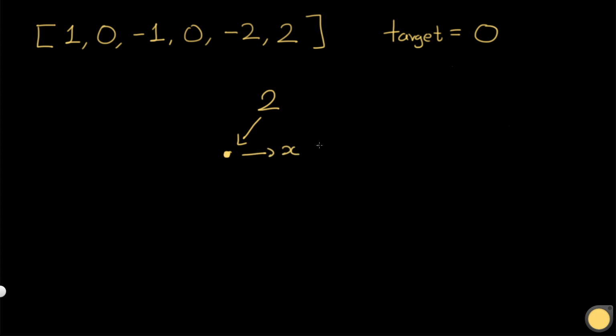This number x is nothing else but the target minus the assumed number. When we come across the number x, which is the target minus that number, that means we've found a pair. So for the 2 sum problem, by assuming one number, we're only looking for one extra value.